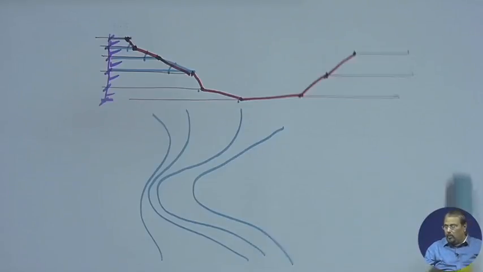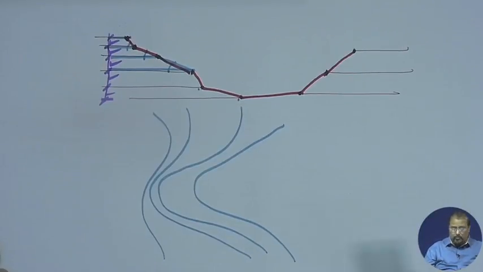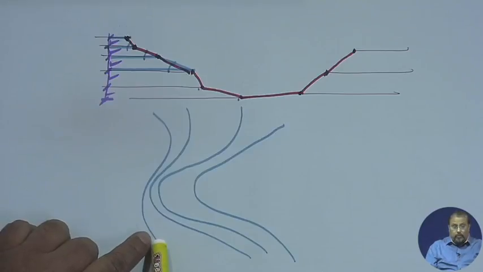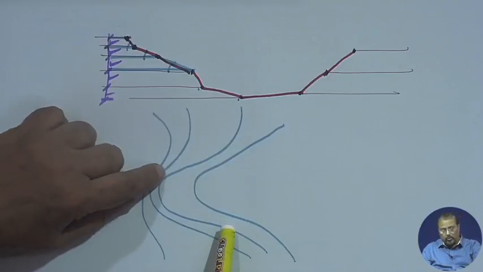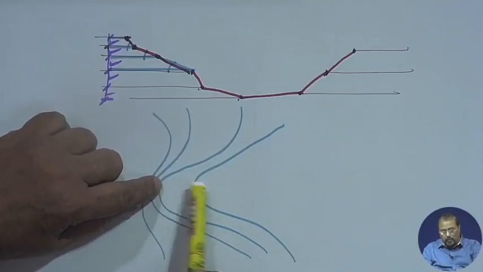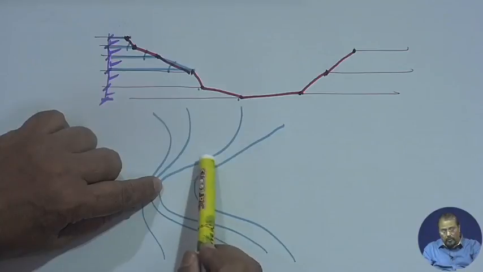What you have to infer over here is first level, next level, next level and next level. They are very close to each other. This one is distant apart, but this is close here.